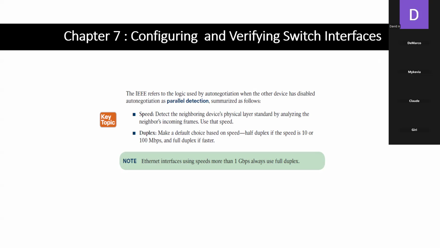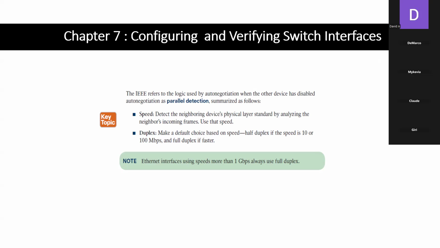The scenario is we have one device not using auto negotiation. The other device is using auto negotiation. So with the logic I just explained, when auto negotiation is disabled, there is parallel detection.